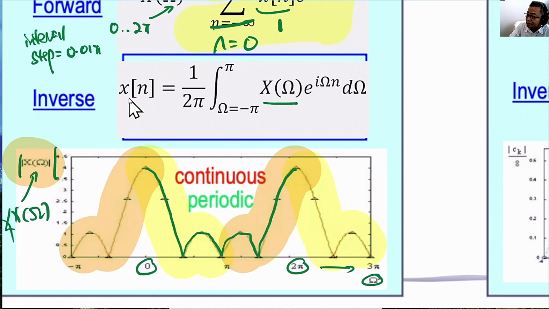So to reconstruct x of n, we have to do the integration from, in this example, minus pi to pi, or you can do from 0 to 2 pi. It doesn't matter. You use this X of omega multiplied by e to the j omega n d omega, integrate, divide by 2 pi, and you get the original sequence x of n.